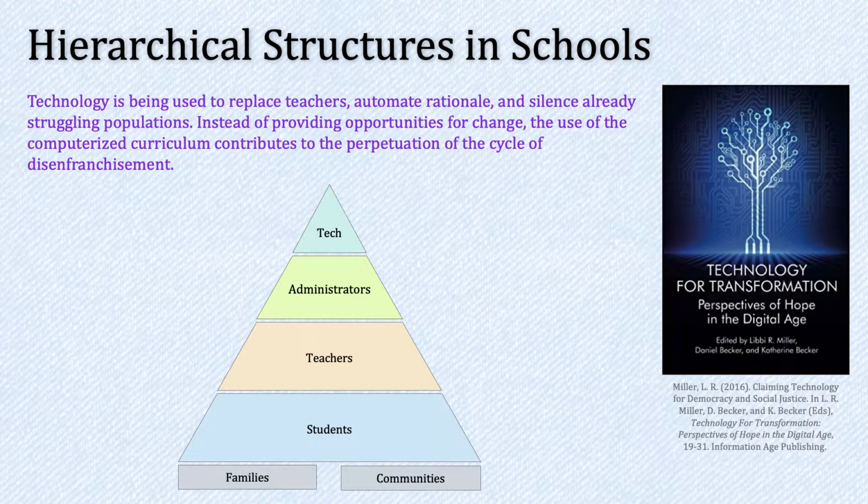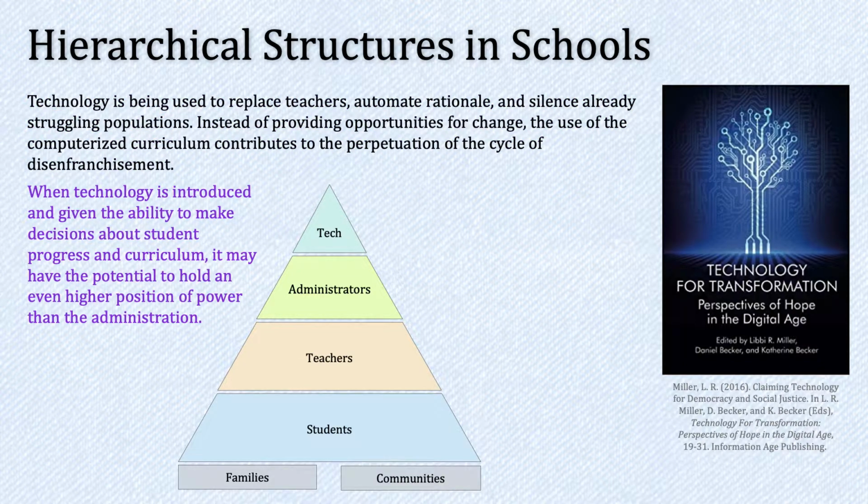Miller worries that technology is being used to replace teachers, automate rationale, and silence already struggling populations. Instead of providing opportunities for change, the use of technologies is only contributing to the perpetuation of the cycle of disenfranchisement that we've been studying all semester.